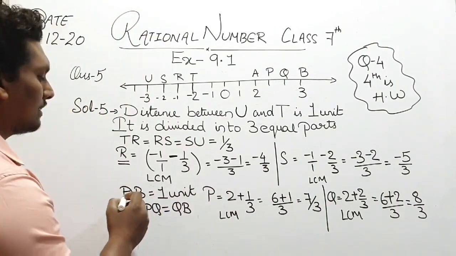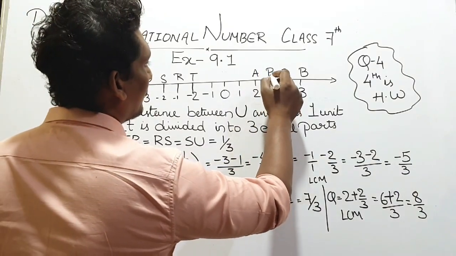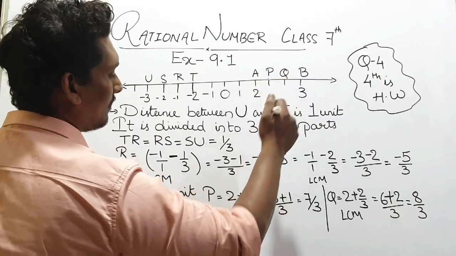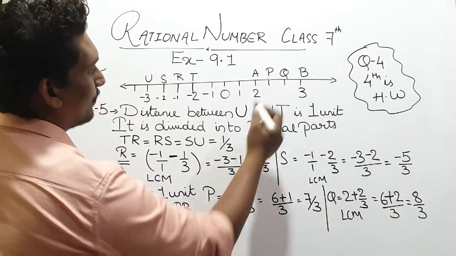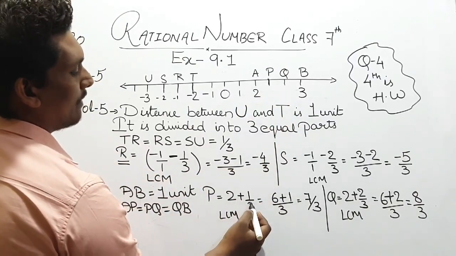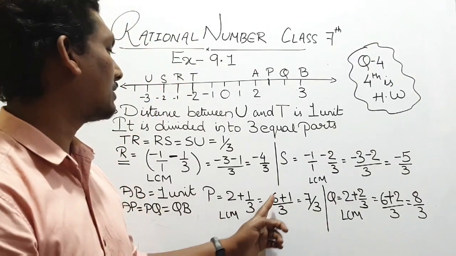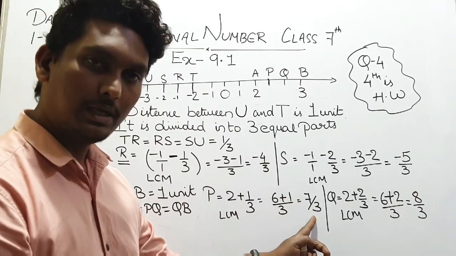So in this AB section, we are going to find the value of P. So here it is 2 plus 1 by 3, the first part. Here also we have to find the LCM. So 6 plus 1, that is 7 upon 3.